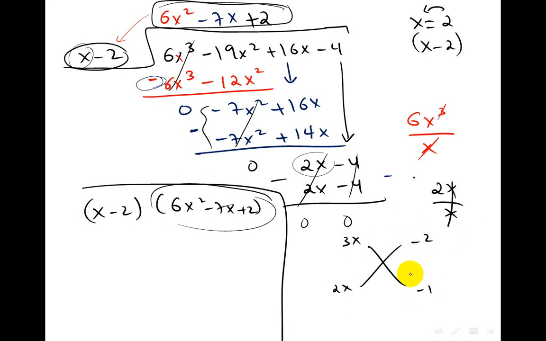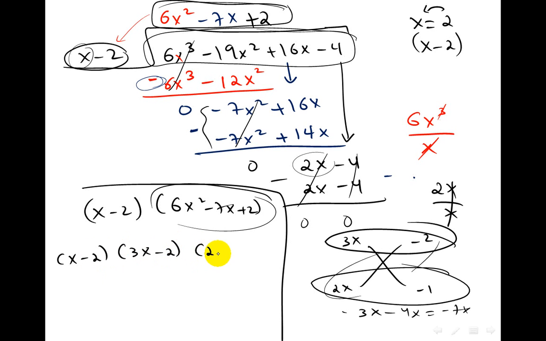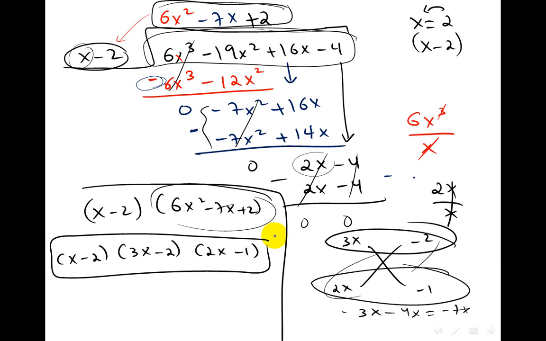I put the negatives because I wanted here negative 7x. This will be negative 3x, and here negative 4x. When added, you'll have a negative 7x. So these are my other factors. So the factors for this function are x minus 2, 3x minus 2, and 2x minus 1. So we have these three different factors.